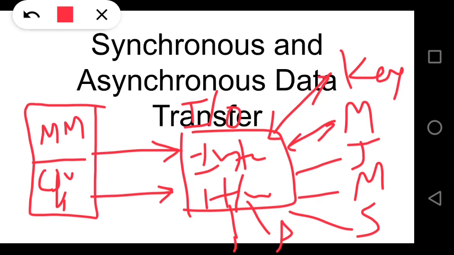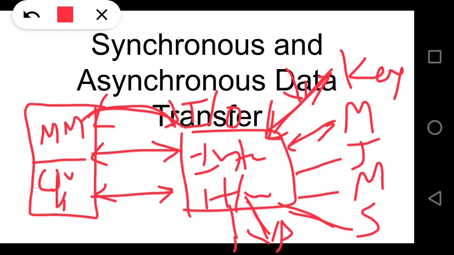So here a data transfer will take place. Here data transfer from main memory to I/O interface or I/O interface to main memory, keyboard to I/O interface or I/O interface to printer. So various kinds of data are being transferred.